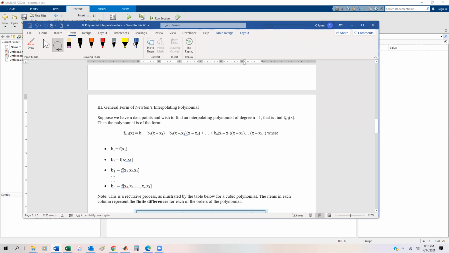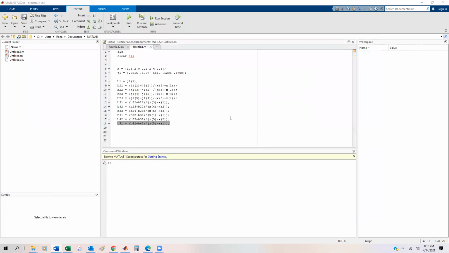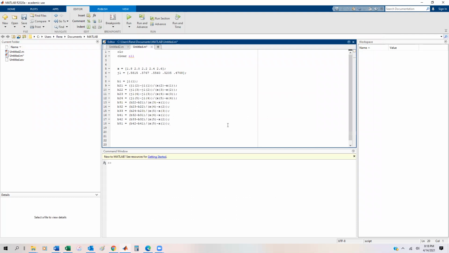And notice that we have x minus x1, x minus x2, x minus x3, just depending upon what the order is. So if this is going to be our quadratic, then we're going to have two terms in it. Now a good way to do this is that you don't type in the entire polynomial, you just type in part of it, and then you can redefine it and add the rest. So I'm going to call this F4.